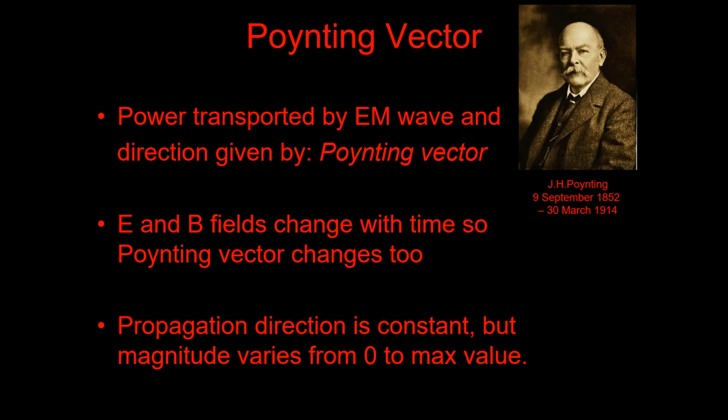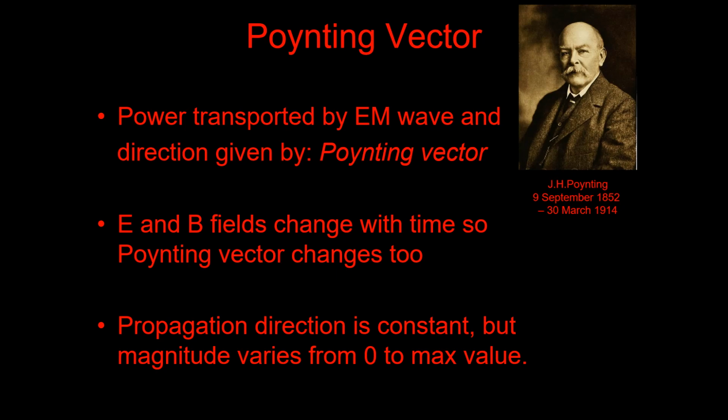This means if we're looking at the intensity of a wave at any one particular time, and the wave is always changing, moving up and down in terms of its intensity, then our propagation direction isn't always constant, but varies from 0 to some maximum value, because both the electric and magnetic fields vary as a sine wave.